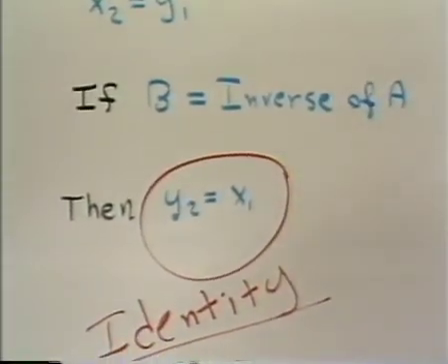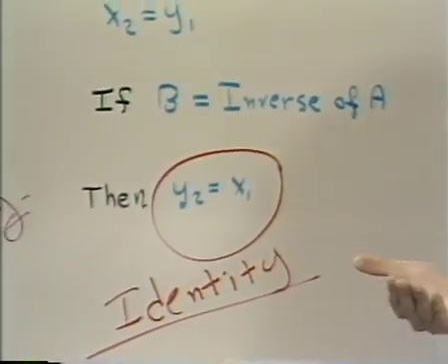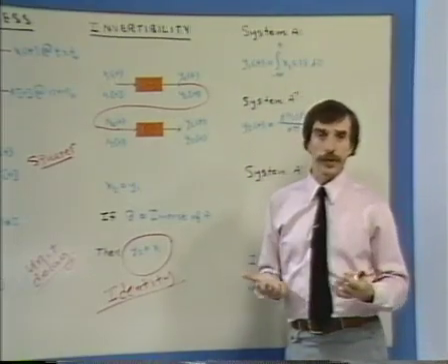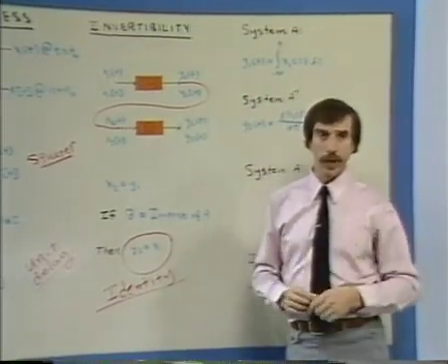And the identity system is simply a system which, if you put a signal into it, you get the same signal out of it. In other words, the overall system is no transformation at all.